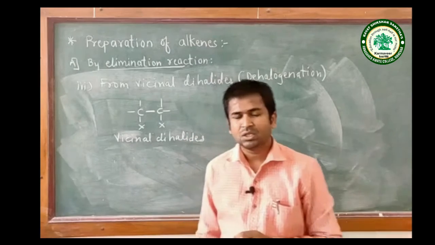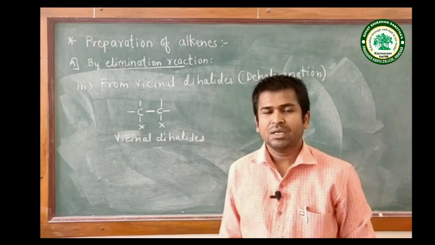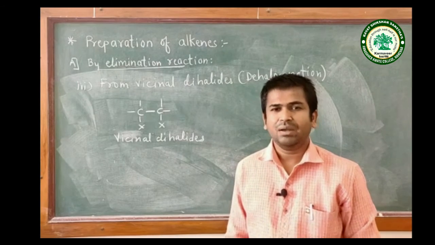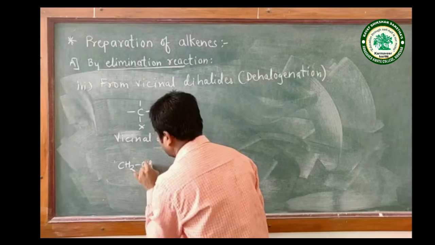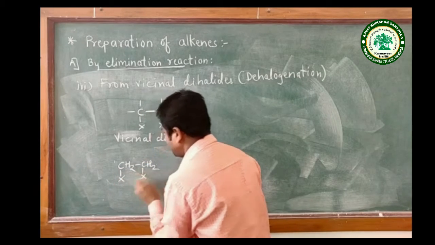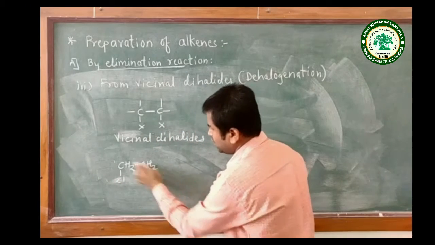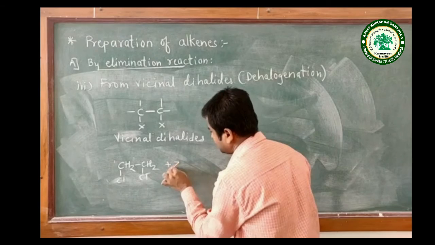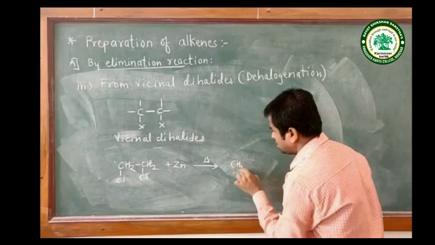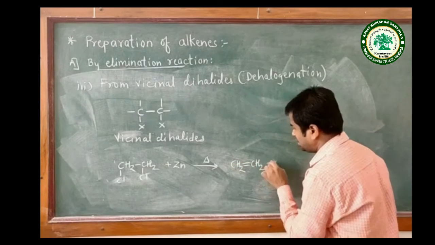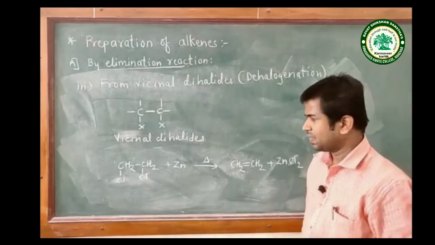So vicinal dihalide on heating with zinc or potassium iodide undergoes elimination reaction and forms alkene. For example, suppose 1,2-dichloroethane on heating with zinc gives ethene and zinc dichloride.